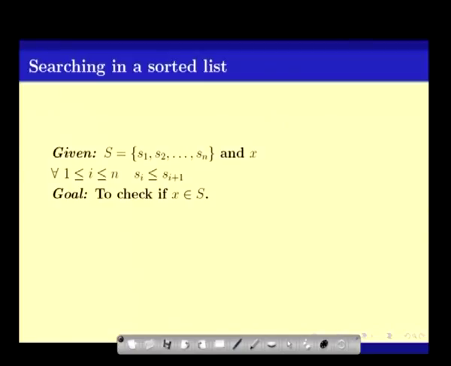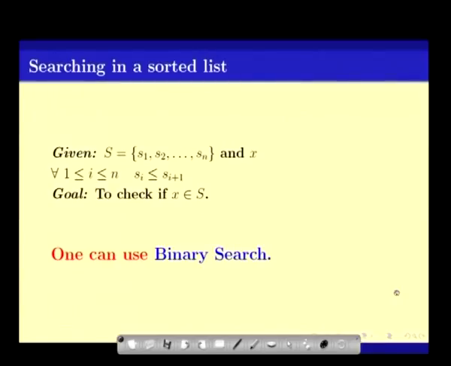We are talking about numbers, say, so S1 to Sn are integers for example, and the ordering is that Si is always less than or equal to Si plus 1, that is, it is sorted in ascending order, and we have been given this element x, and we want to check if x belongs to this set S. Now, this is where binary search comes in handy.